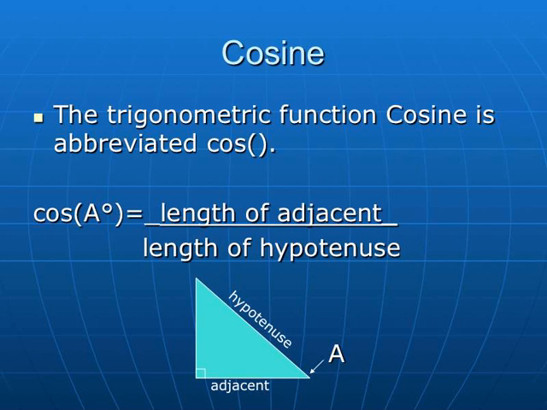Cosine. Cosine is the length of the adjacent side over the length of the hypotenuse. Adjacent meaning next to. So if I'm talking about the cosine of angle A, then I want the side that touches angle A divided by the hypotenuse. What do you think is the relationship between sine and cosine?